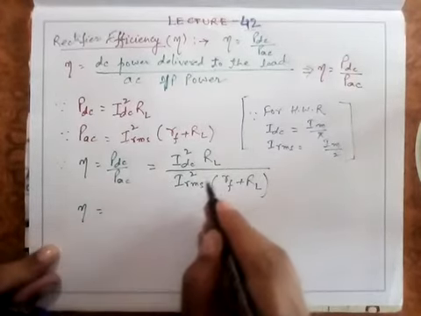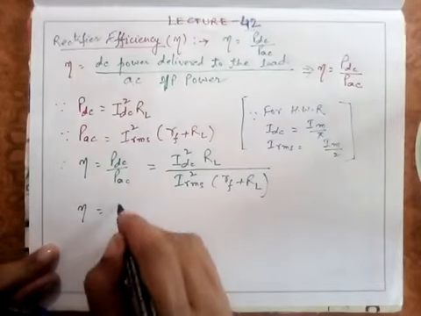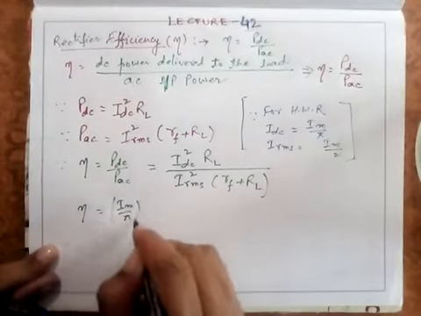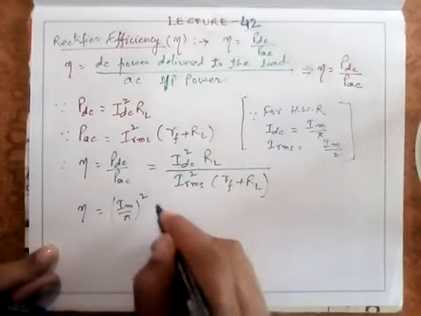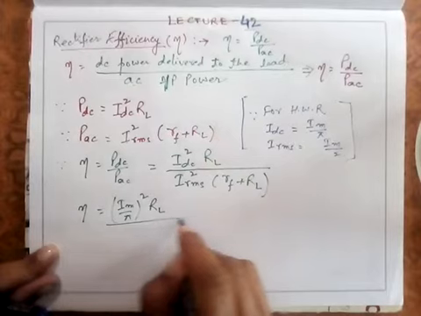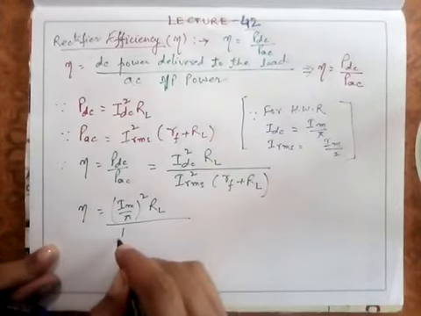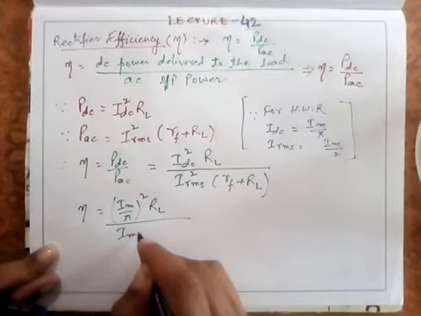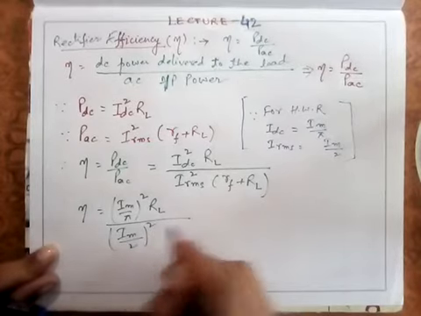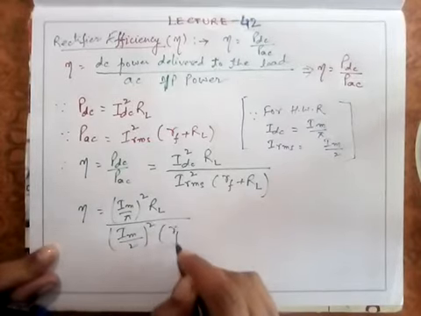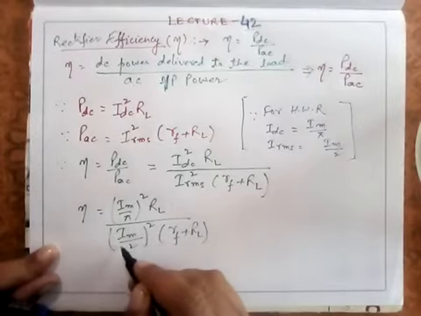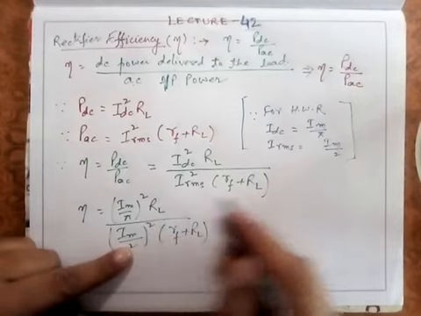So the value of eta, that is the efficiency, is equal to Im by pi whole square into RL upon Im by 2 whole square into RF plus RL. This Im will cancel, leaving 4 upon pi square.